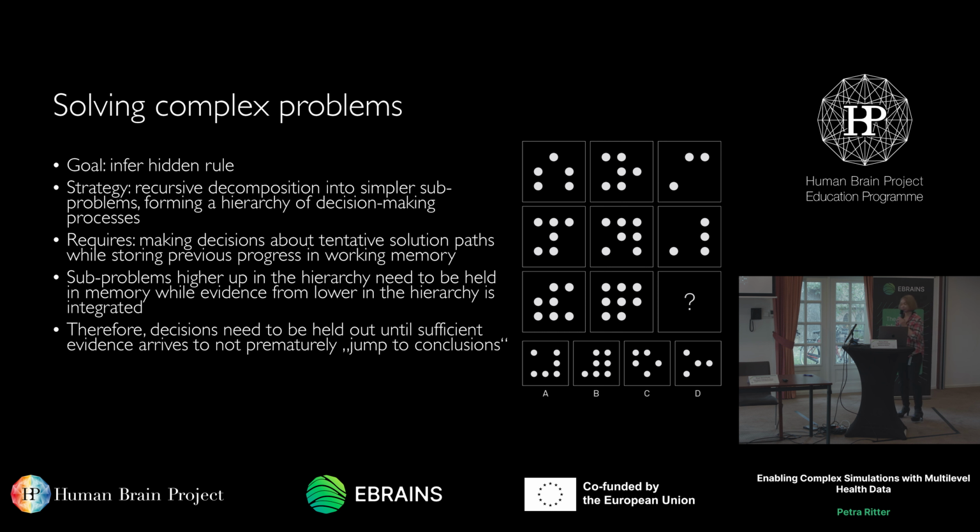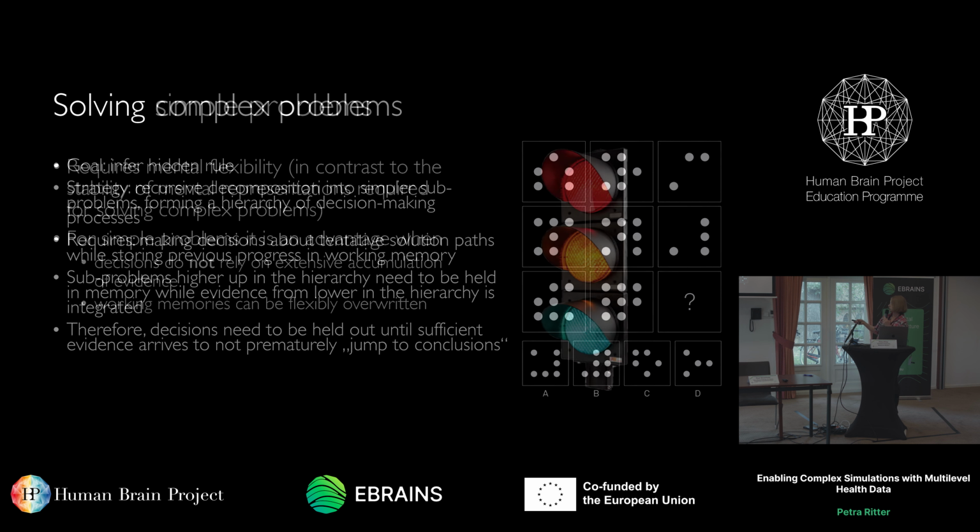So we need not only to take decisions and come up with answers, but we also need to keep stuff in our working memory and to integrate it, and maybe then notice it doesn't fit and come back, start analyzing the sub-problems and so forth. And this can be a very deep hierarchy in some cases.